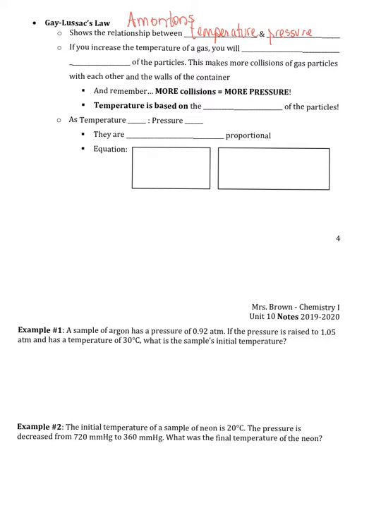What it states is if you increase the temperature of a gas, you will increase the motion of the particles. And this makes more collisions of the gas particles with each other and the walls of the container. And remember, as long as they're moving faster and they have more collisions, that means more pressure.